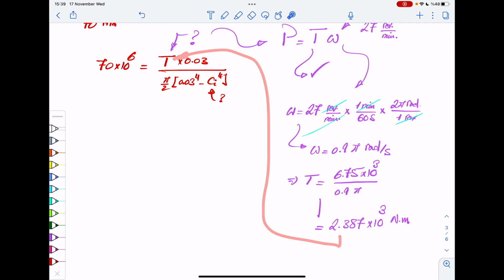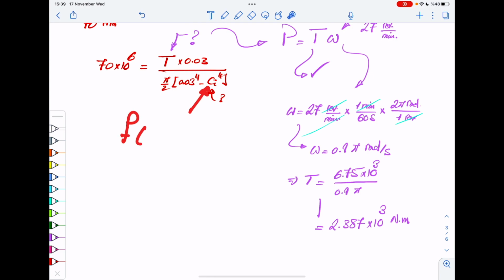If you do that, you get one equation in terms of CI, and you can just solve it for CI. So that's exactly what you do. You insert that here, and from that you get CI to be 0.01996, which is basically 19.9 millimeters.